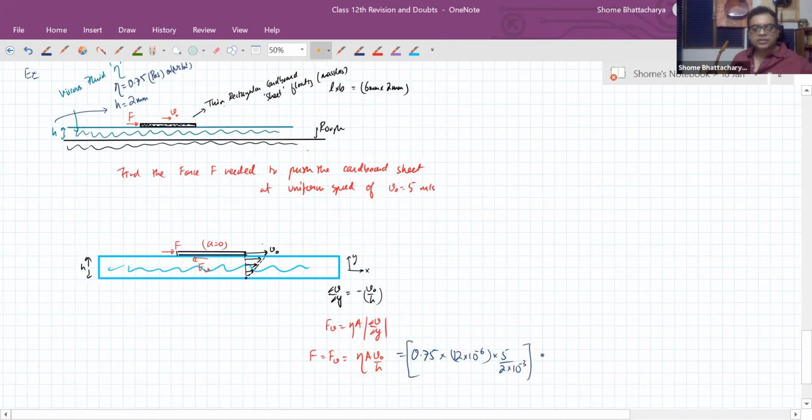So this should be the answer in newtons. So 0.75 is 3 by 4 into 12 into 5 by 2 into 10 raised power minus 3 newtons. So 3/4 of 12 will be 9, 45 by 2. So 22.5 millinewtons.